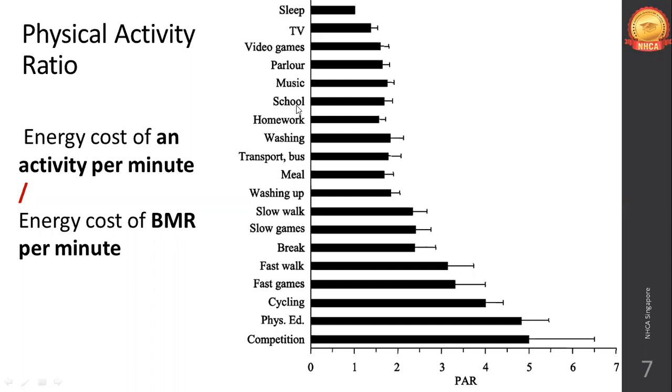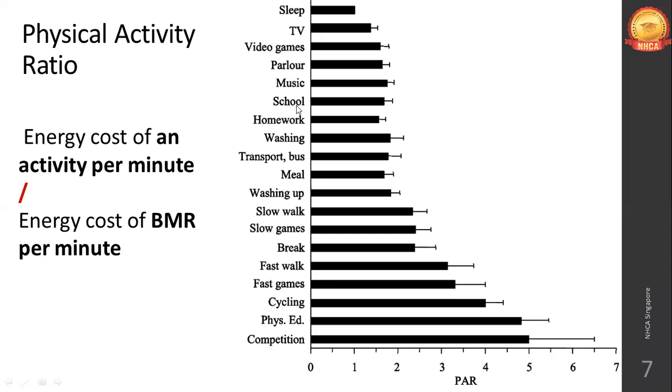These values have already been researched. You can find more activities as well. You can just Google physical activity ratio of dancing, of Kathak, of racing, sprinting.